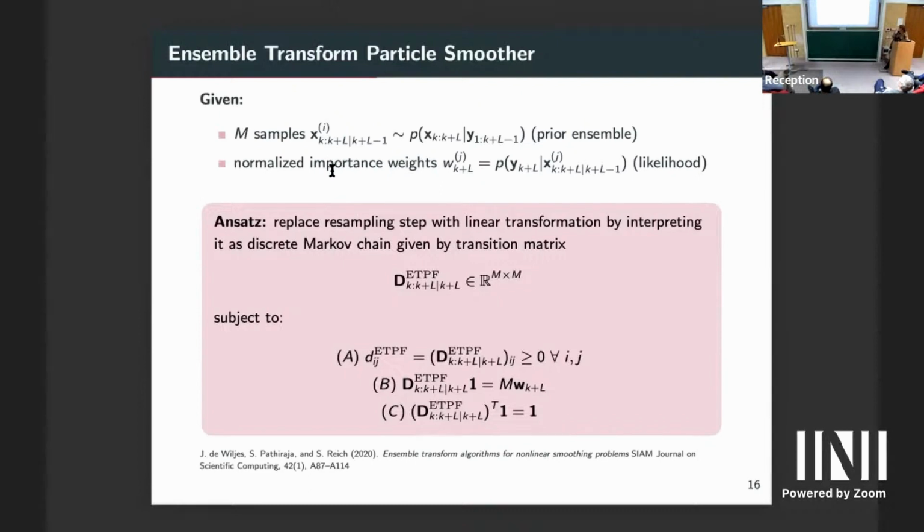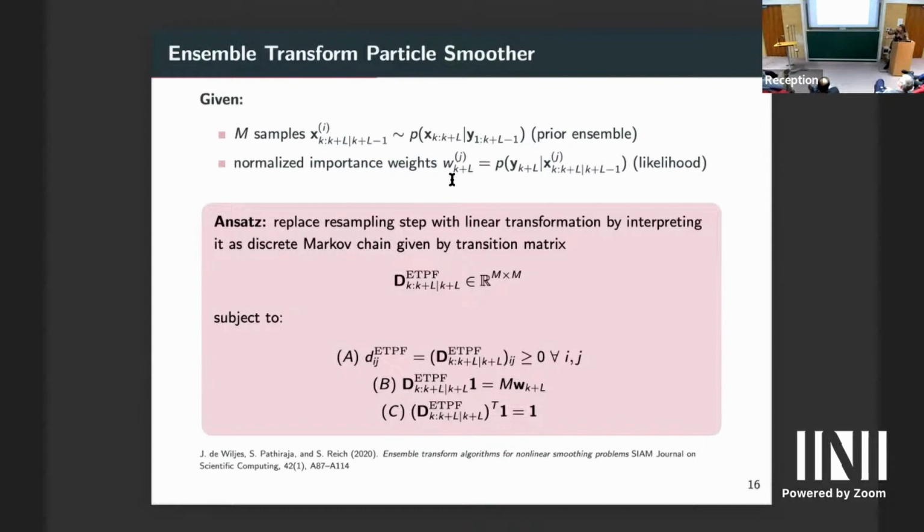You can think of it also as a resampling step. Because we're computing these importance weights anyway, and what you typically then do is you don't actually multiply your ensemble with it, you just resample according to the importance weights. That's what you would do also in the sequential update step.